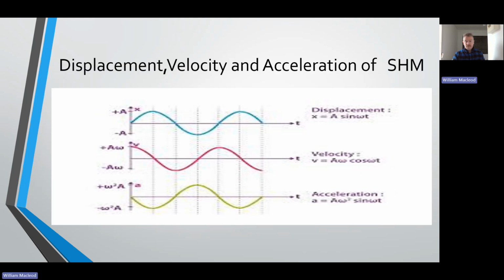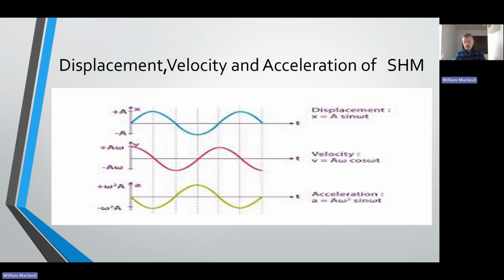Now let's think about the relationship between the displacement, the velocity, and acceleration for simple harmonic motion. If you think about the equilibrium position, like a pendulum at equilibrium position, or a spring with a mass on at equilibrium position, that would mean that the forces are all balanced out.